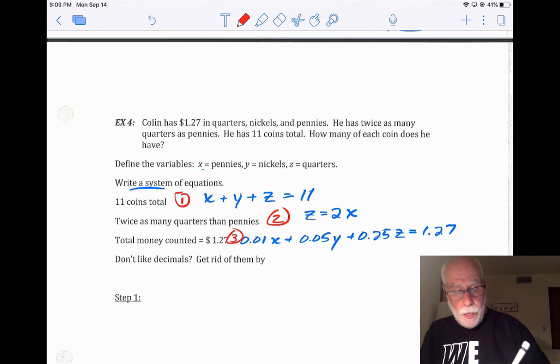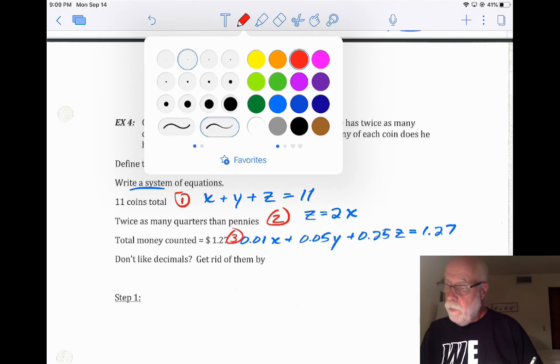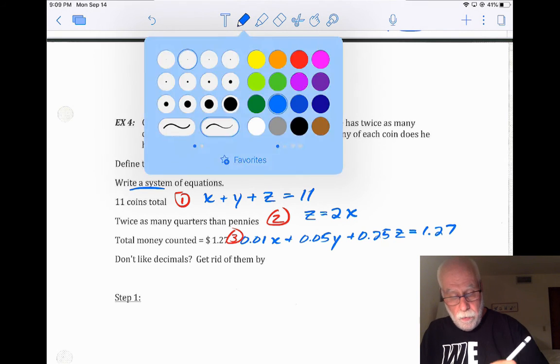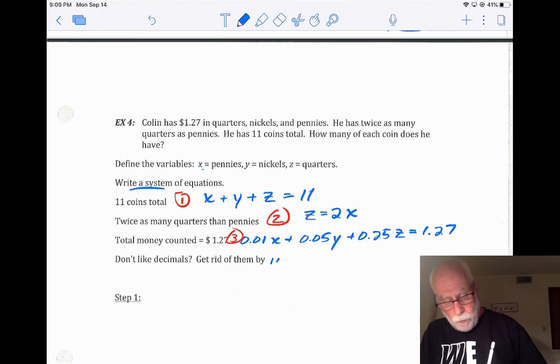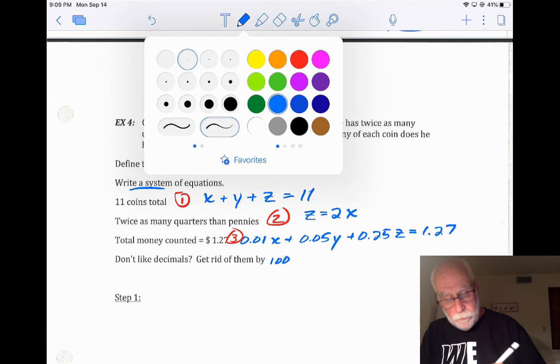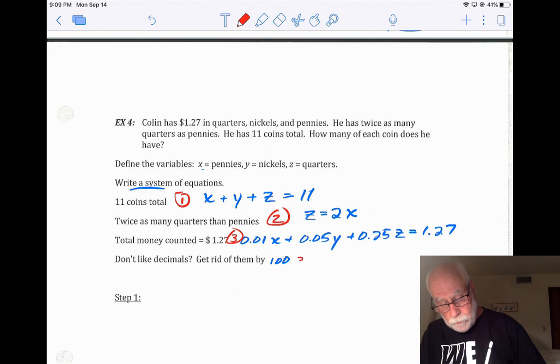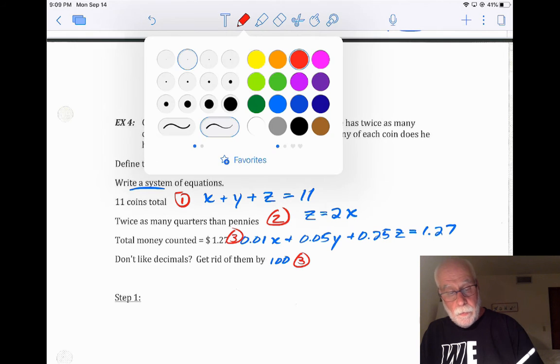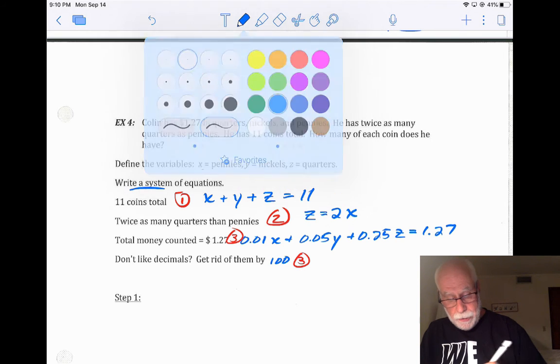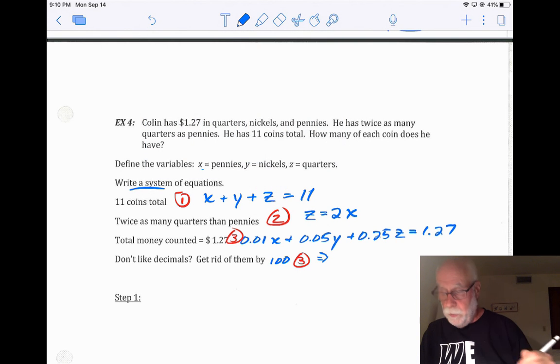So if we multiply 3 by 100, okay, it's going to move it 2 decimal places. All right, so if we do that, then that will lead us to x, again, because it's moving it 2 decimal places for each term.